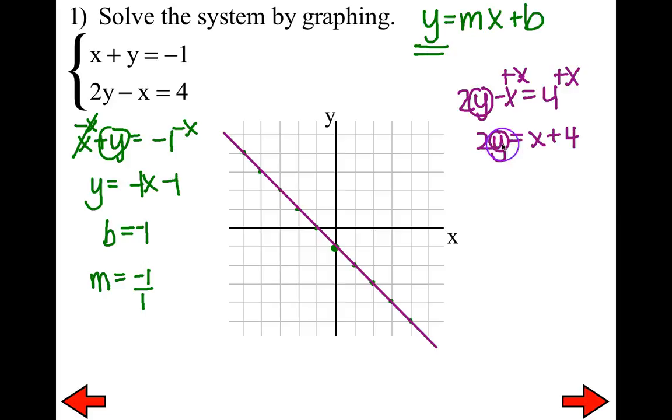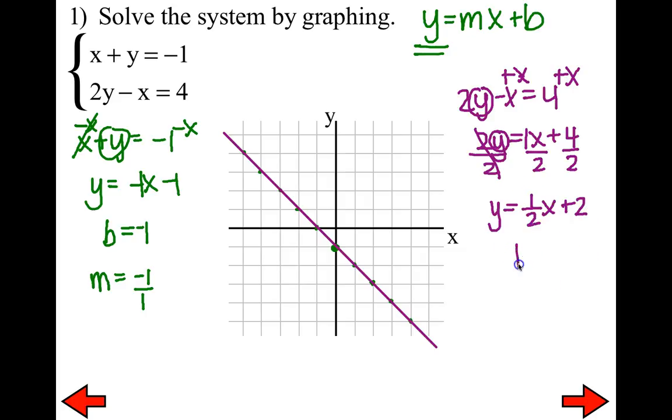This means 2 times y, so the inverse would be to divide both sides by 2, and in this case, each term by 2, which leaves me with y equals. Now here, yes, you can write it as x over 2, but to reveal the fraction, if you put a 1 in front of this x, because there's one of them, it would be better for you to write it as 1/2 x + 2.